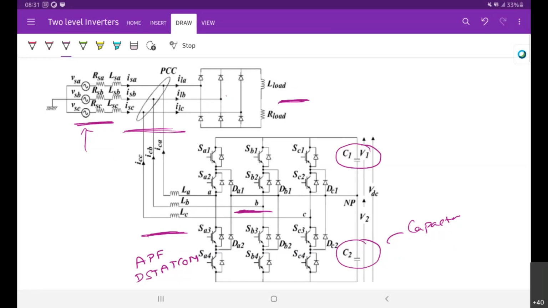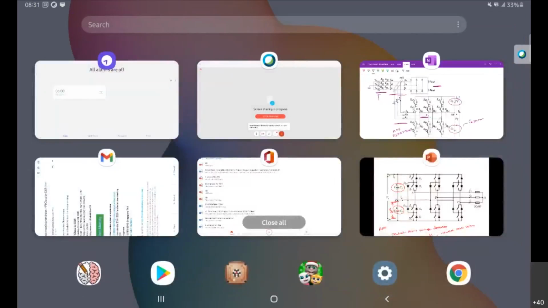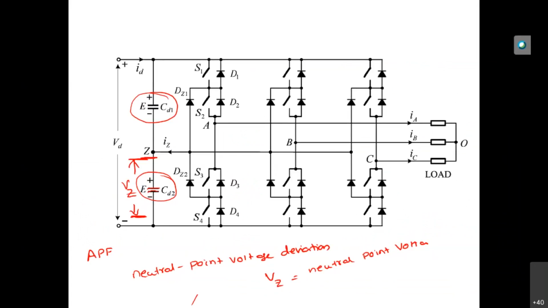So what is the difficulty here? When you have these DC sources, as we already discussed in previous classes, in DZ1 and DZ2 only one diode will conduct, depending on the current direction.